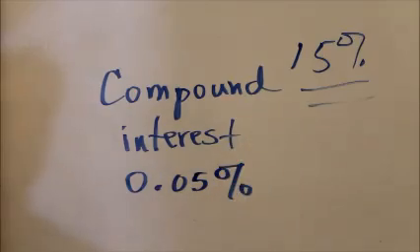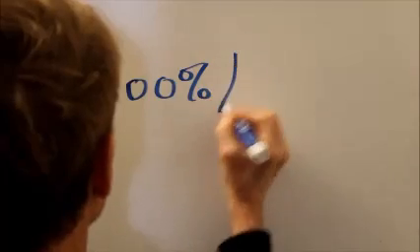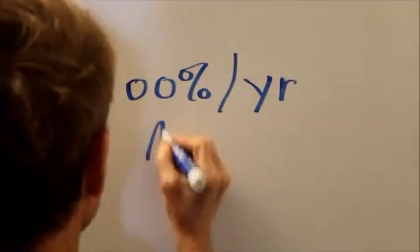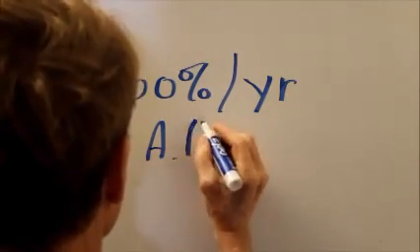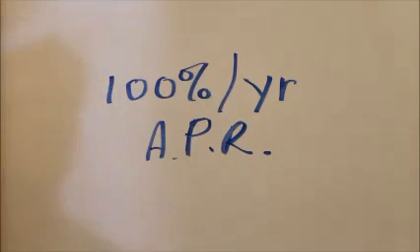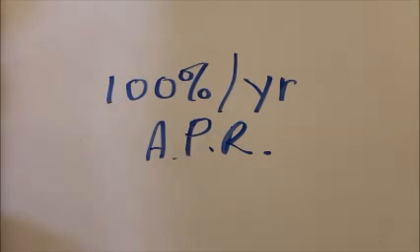The point of the matter, though, in this context, suppose that you were lucky enough to find a 100% per year annual percentage rate APR certificate of deposit. 100% per year. That means that if you put in $1,000 on January 1st, then on December 31st of that year, you'd have $2,000.